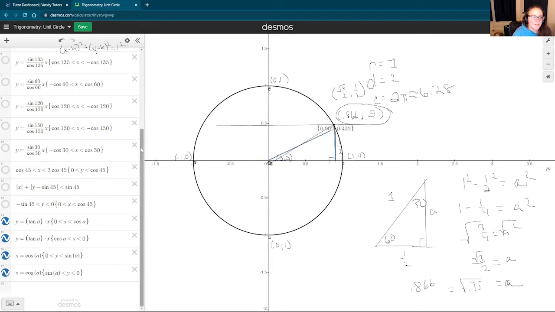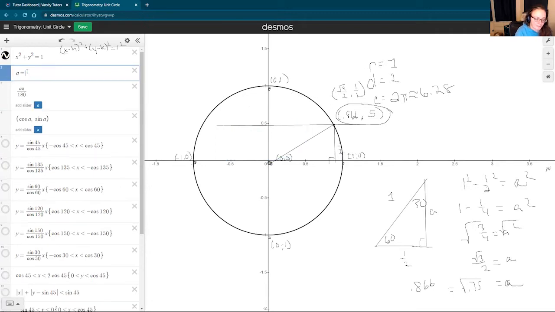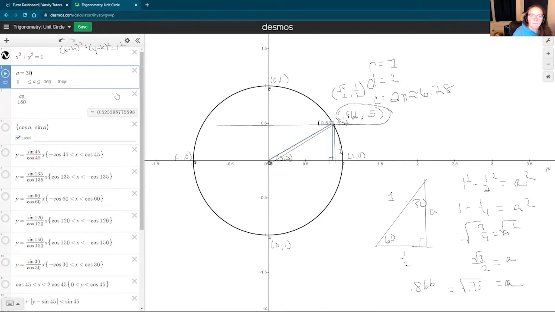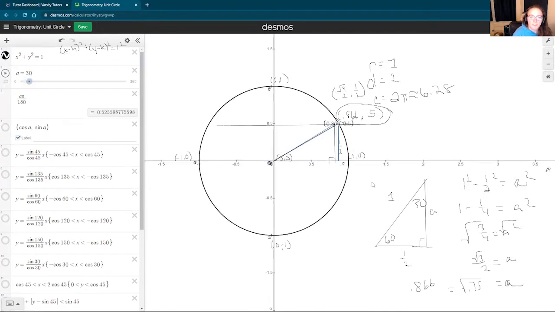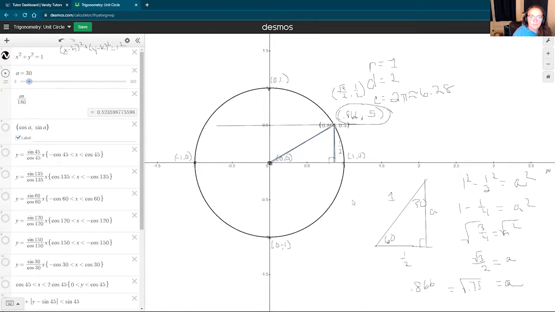But okay, so now instead of having it do this, I'm just going to do 60 degrees. Hopefully it lines up to what we just did. Oh no, I'm sorry, 30 degrees. Close enough.